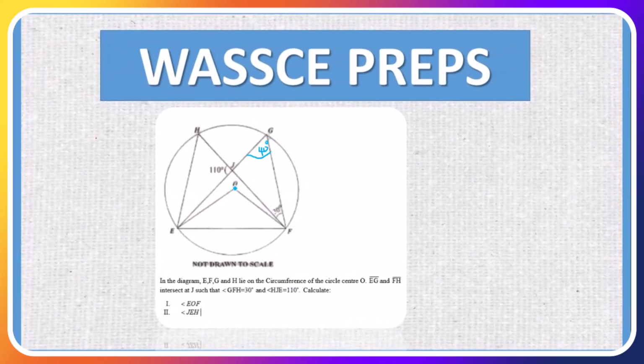From chord EF, it subtends an angle at O. The same chord subtends an angle at G. So angle EOF is equal to twice the angle EGF.